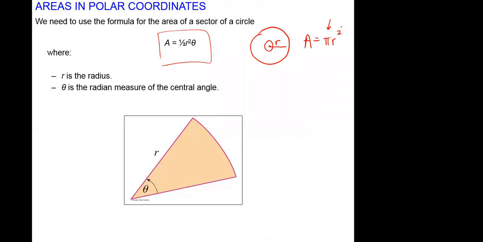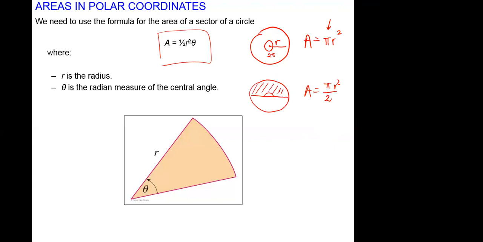That means the whole circle, the area is pi r squared, but in fact this corresponds to the total angle 2 pi. Now if I take half of the circle, the area will be pi r squared over 2.